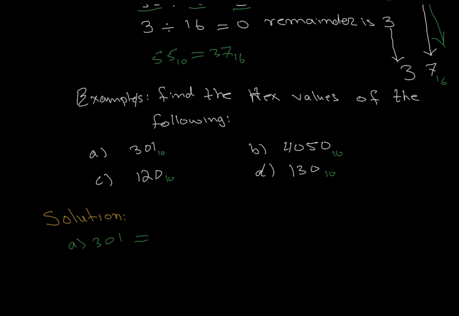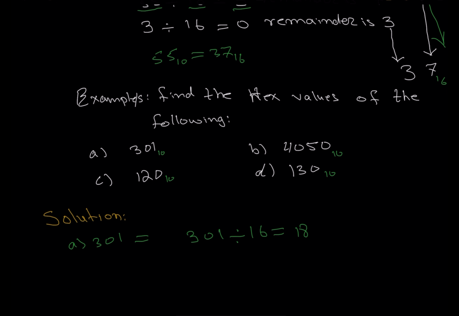And how do we find it? We said we have to divide 301 by 16. What we get as our quotient is 18, a full number. 18 times 16. So what is the remainder?